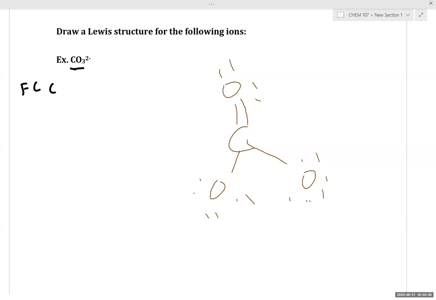So let's try to get some formal charge assignments, and we'll discuss this example in about another 2.5 to 3 minutes.